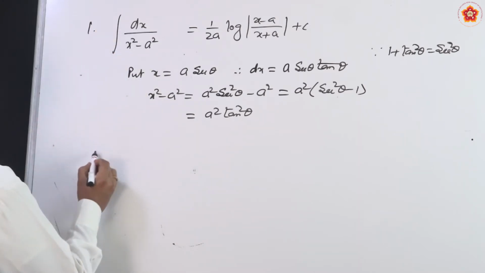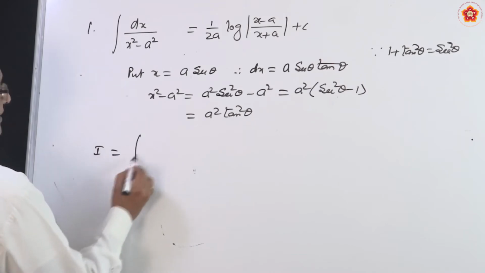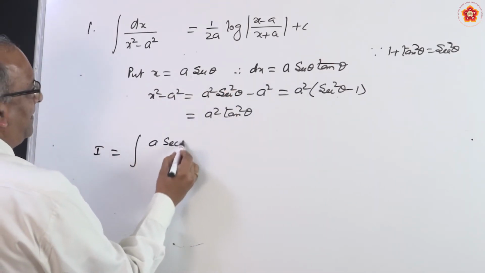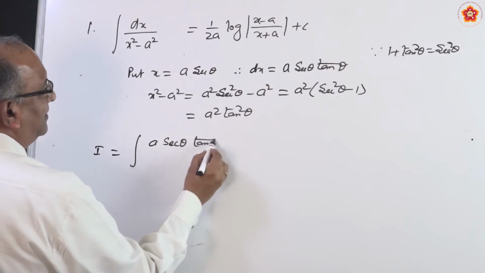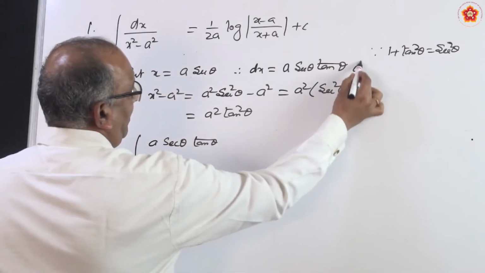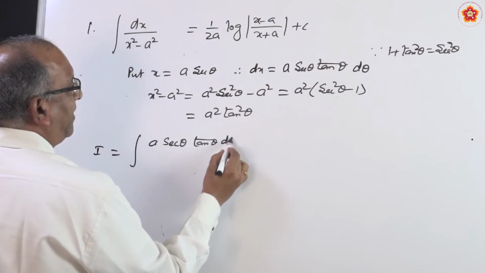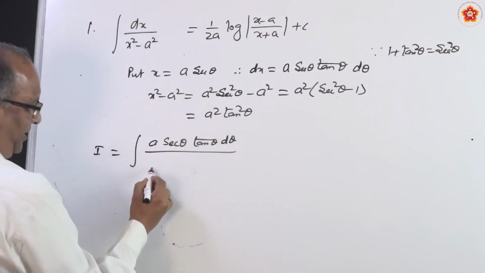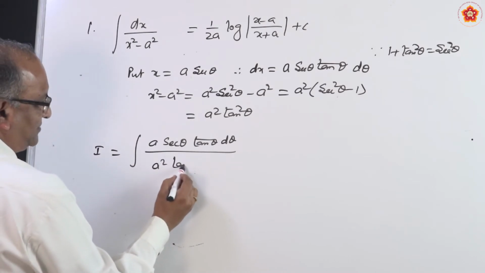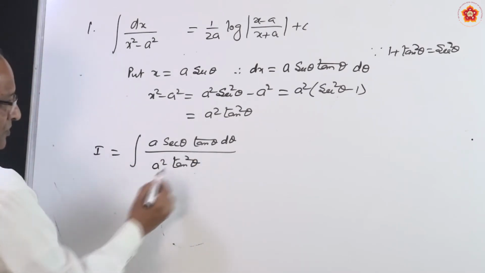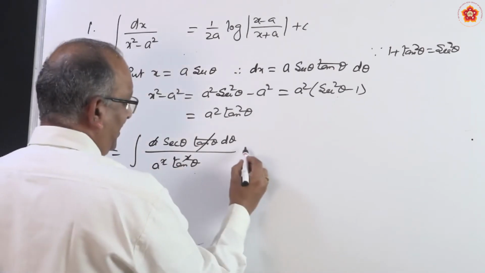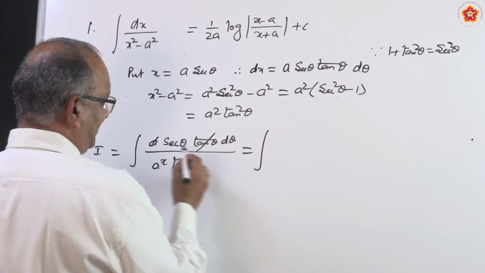Make these substitutions for the given function. So, we can say I is equal to integral of a sec theta tan theta d theta divided by x square minus a square. We already got a square tan square theta. So, one tan theta will get cancelled, one a will get cancelled, and convert in terms of sin theta and cos theta.